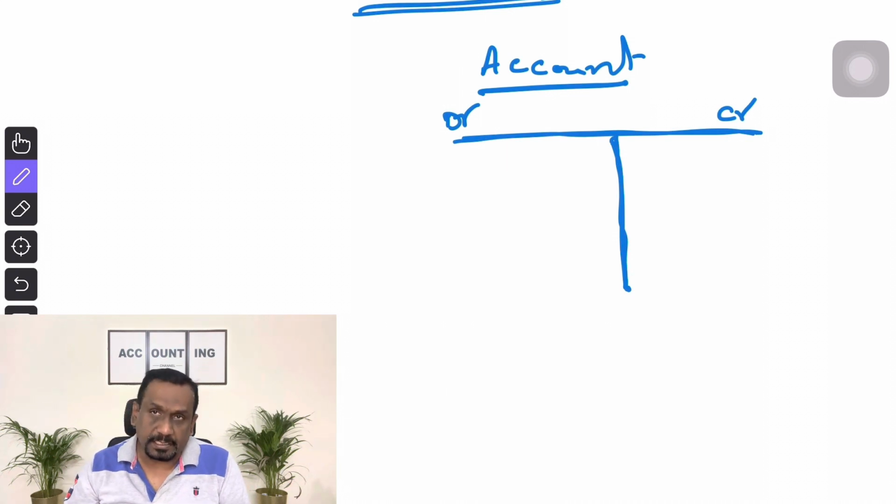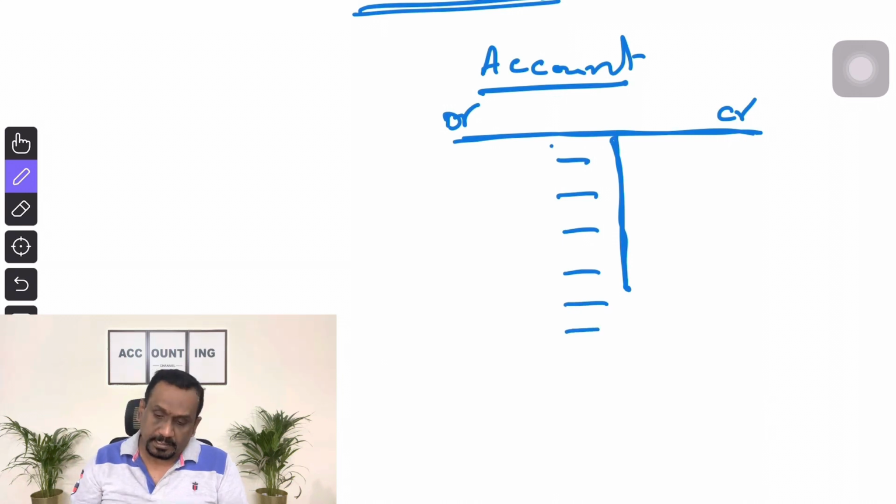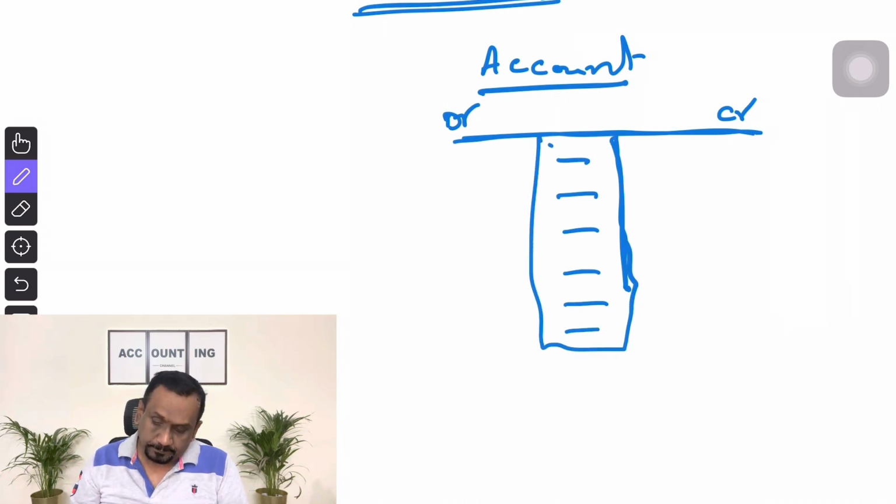What do you mean by end result? For example, if I am purchasing goods for the last 1 month, if I wanted to know by end of the month how many goods I purchased during the month, I go to the T form meant for purchases, and I will keep noting the transactions already debited in purchases account.